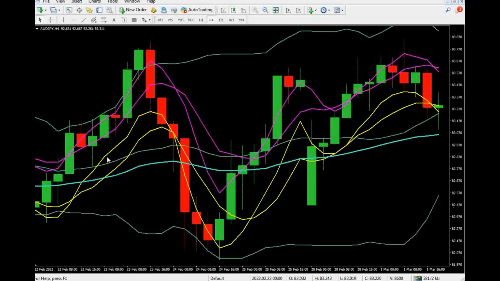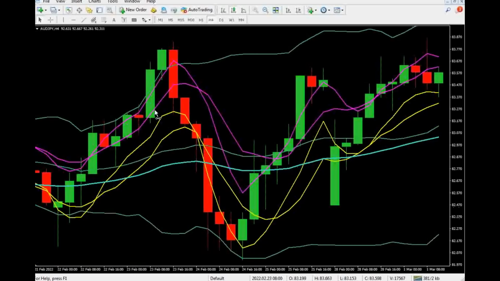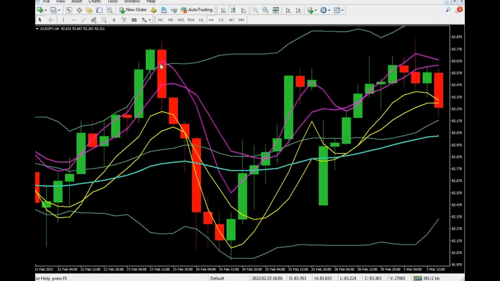And next, this is it. The candlestick is out of the upper Bollinger Band. The moving average is also, and then there is a rejection, but there is no opportunity.